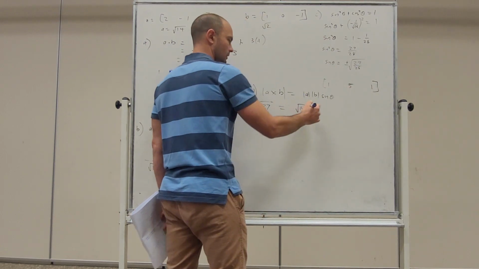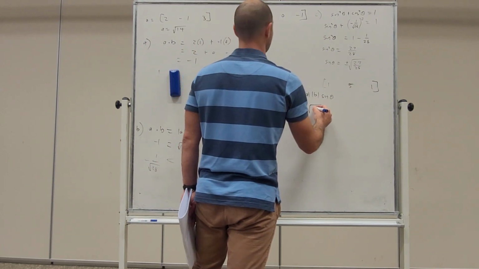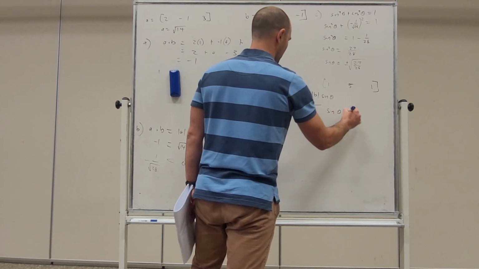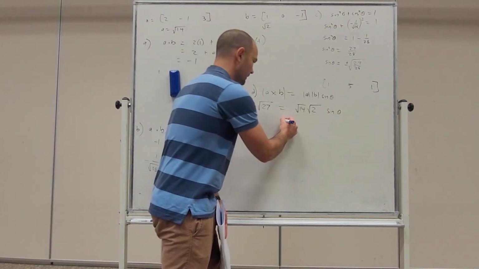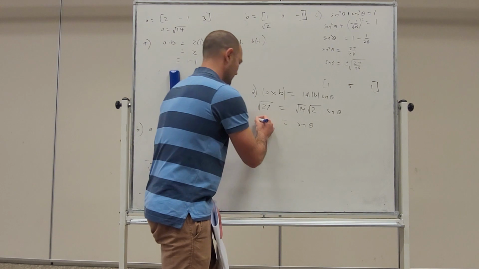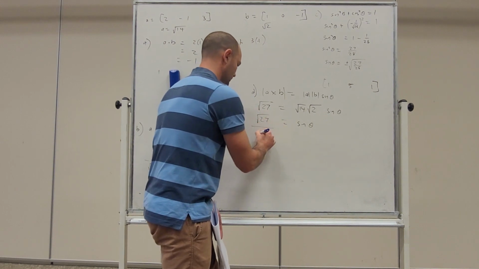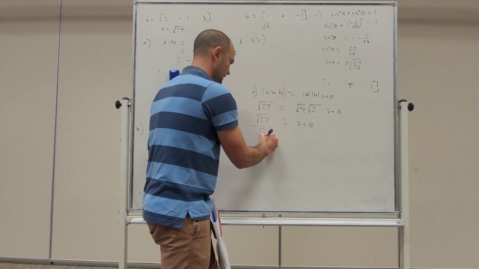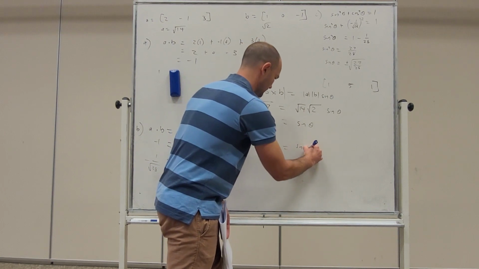And we have A is root 14, and B is root 2. And then we have sine theta. Rearranging for sine theta, we get root 27 on root 14, root 2, root 28, which is exactly what we had before as well.